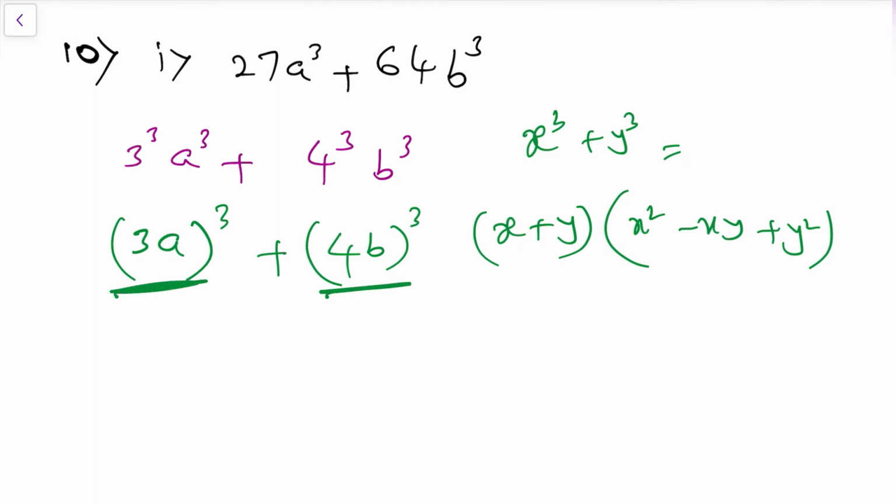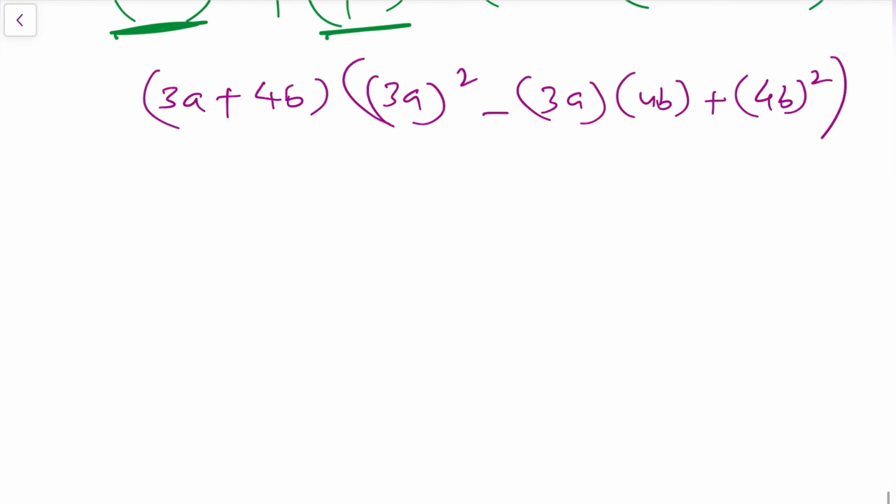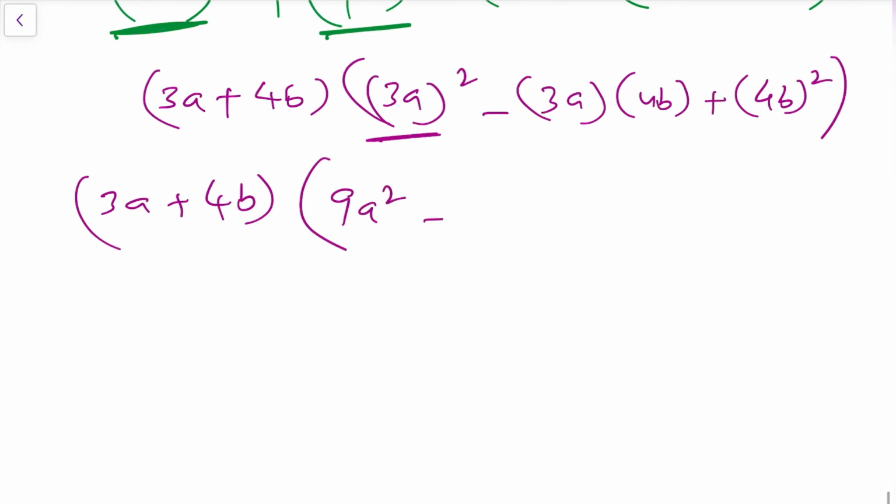Let us substitute now in the formula. x plus y, 3a plus 4b, into x square, 3a whole square, minus x into y, 3a into 4b, plus y square, 4b whole square. First 3a plus 4b as it is, into 3a whole square, 9a square, minus 3 4s are 12ab, plus 4b whole square, 16b square. So this is the factorization.